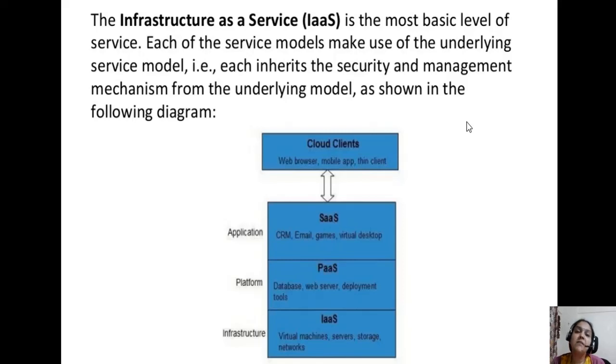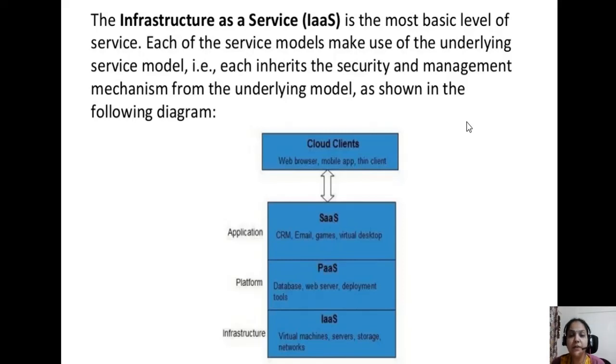Whenever we talk about any model, any application, any system that we want to use, the very basic thing that we keep in mind is security, and how we will be managing it, how appropriate it would be, right? With the help of infrastructure as a service, we can easily determine it.